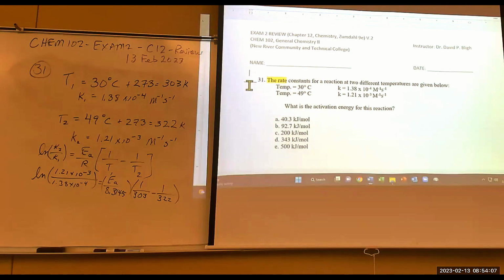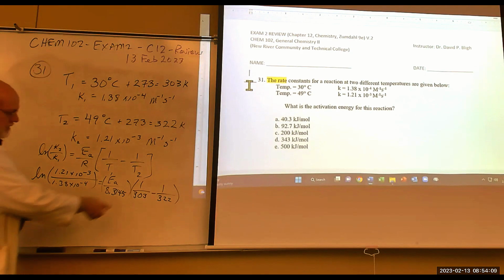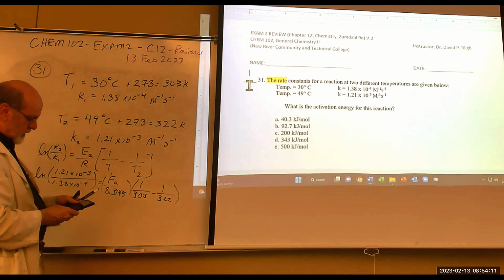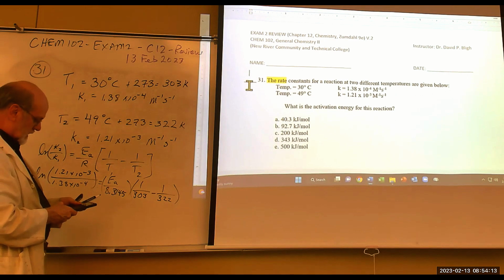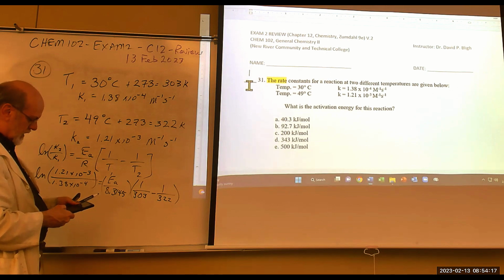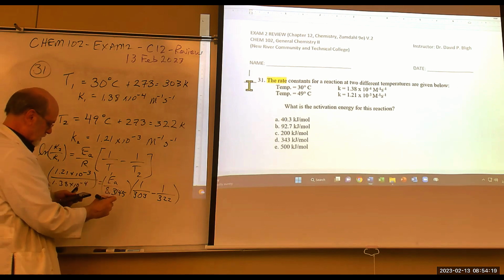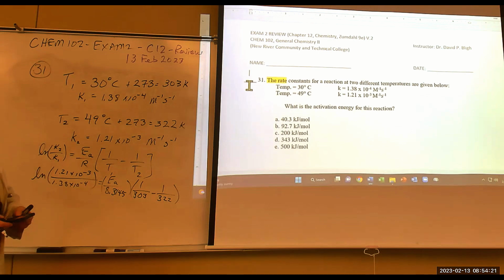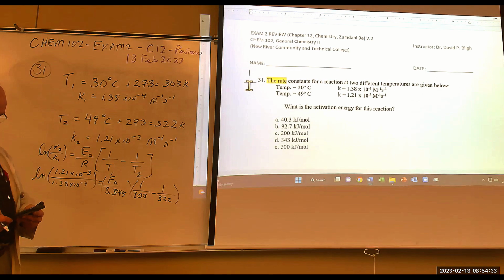You can do it in steps. We'll take the inverse of 303 and then the inverse of 322, subtract it. I need some more decimal places here.